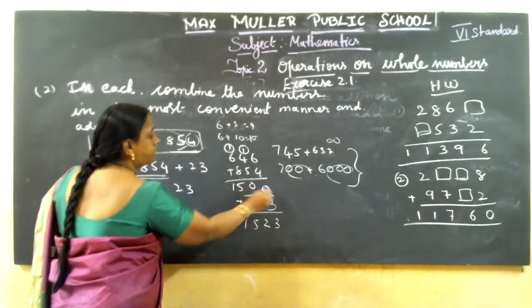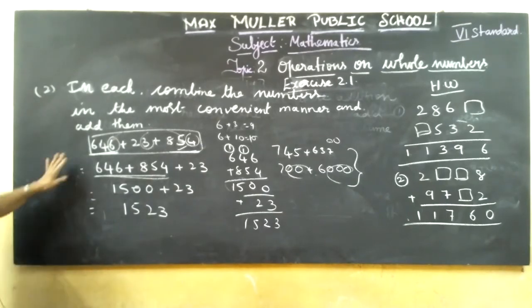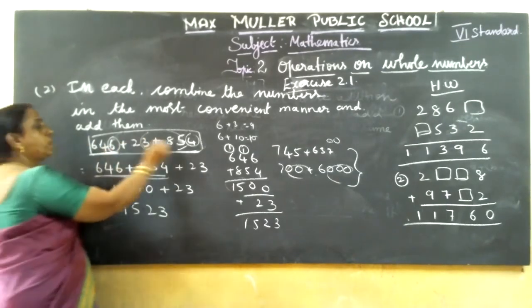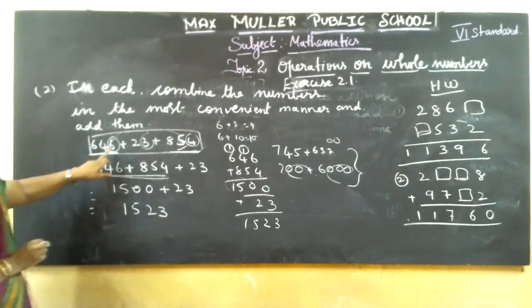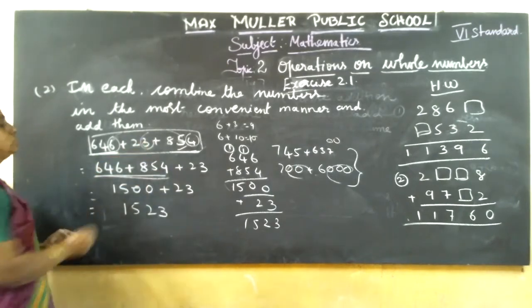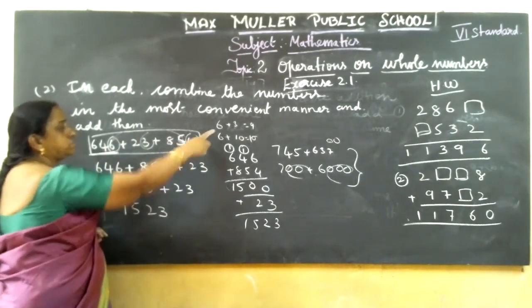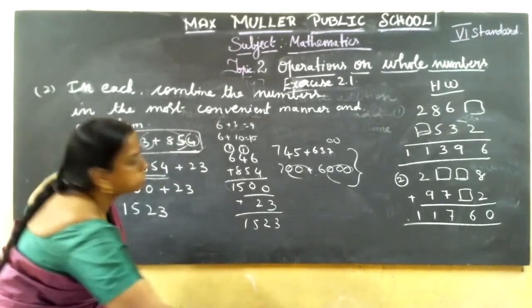Then 1500 plus 23, you will get the answer. Clear? First step, you should see which two numbers, if you add, will give 0 in unit place. Here 6 and 3 gives 9, or 4 and 3 gives 7, so we can't use these two. 6 and 4 gives 10. So you can group these two.